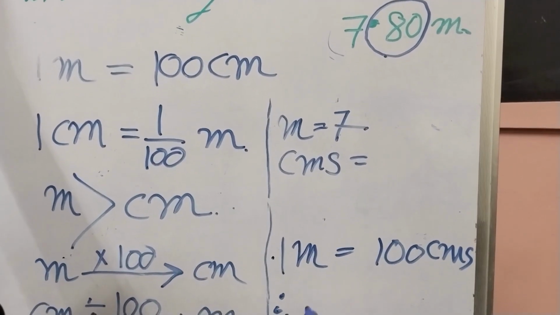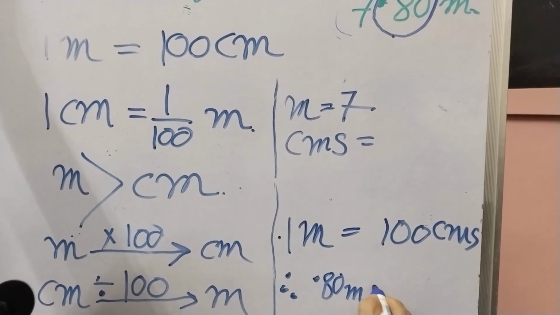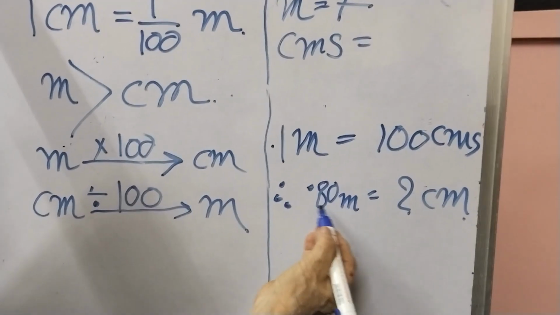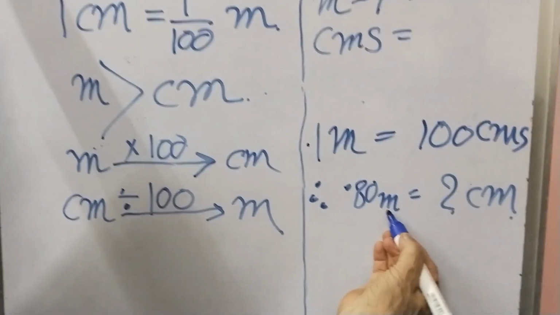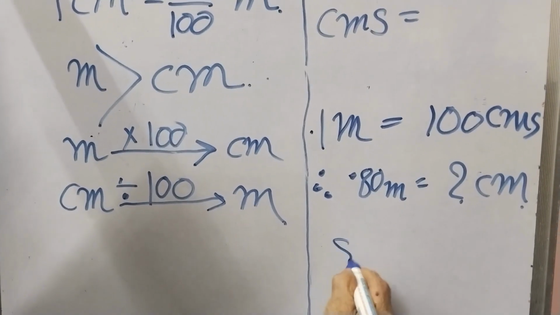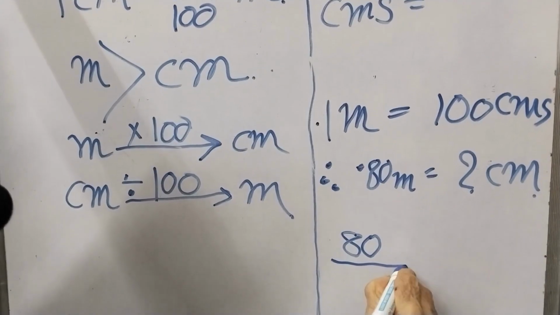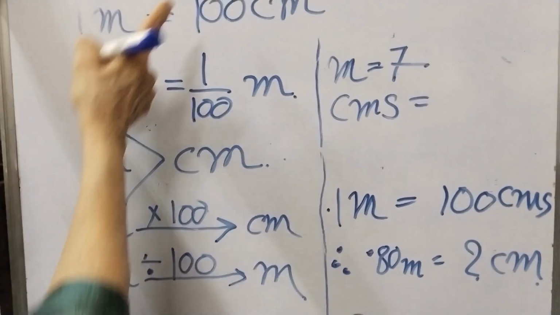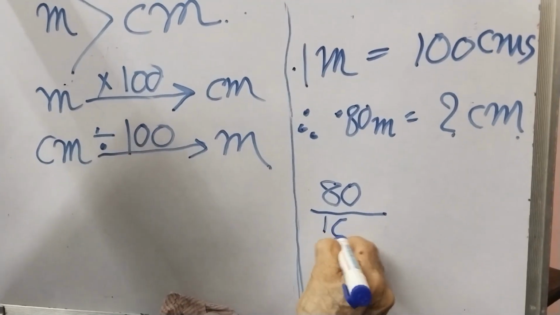Therefore, 0.80 meters means how many centimeters? First of all, we will convert this part into numerator-denominator form. So 80 remains the numerator, and the denominator is going to be 100, because the relationship is 100: 1 and 2 zeros.